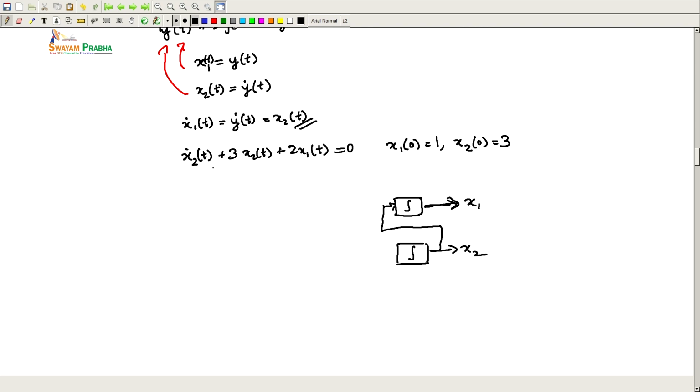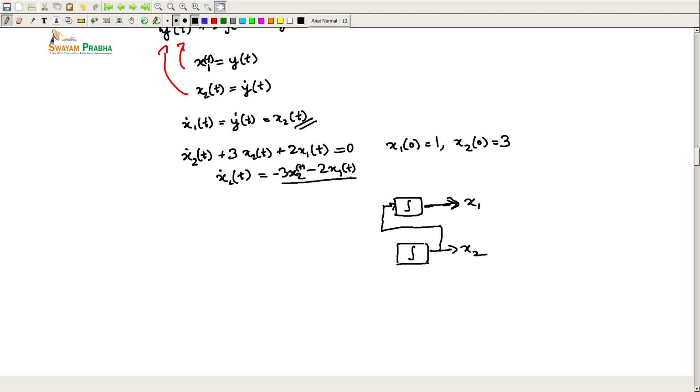Now, coming to the other equation, if we want to get x2, we need to integrate this particular expression.